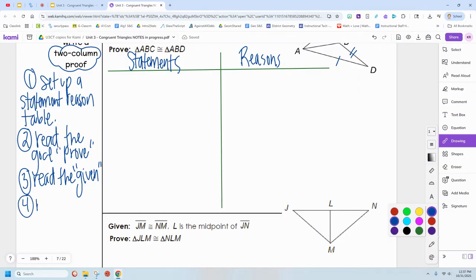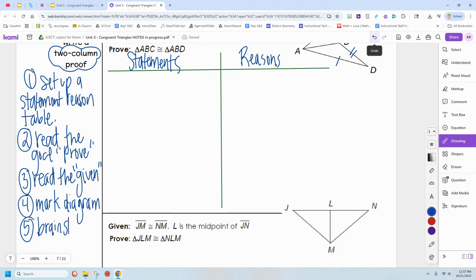Did we mark the picture? Mark diagram. And then we are going to take a moment of silence to brainstorm, aka think.